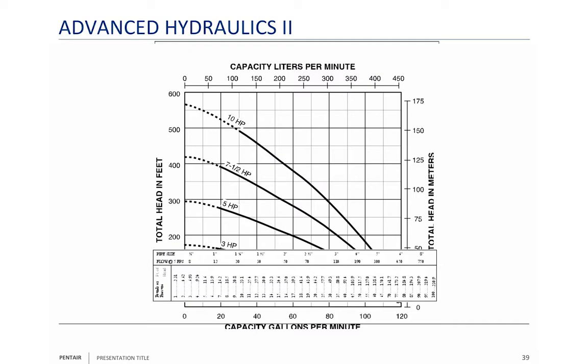Now, if you look over on the right-hand side of that curve and you look at what the pump is doing, what do you think that pump is doing at 50 feet? 120 gallons a minute. Don't ask me what the horsepower is. It doesn't matter. Even the minimum horsepower is doing 120 gallons a minute.